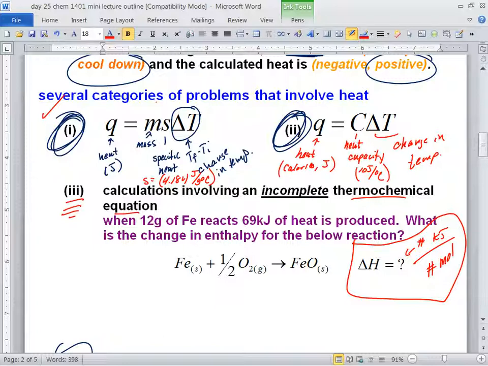You hear her? She's going to take those 69 kilojoules, and she's going to divide it by 12 grams. What is iron? I can never see this stuff. 55.85 about. 12 over 55.85, I get about 0.215.